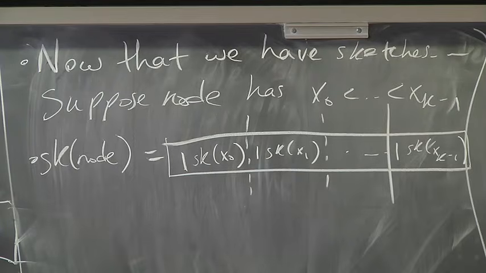And now a query Q comes. Where does Q fit? Which subtree should we recurse on?